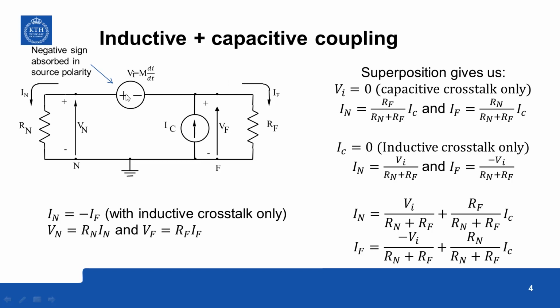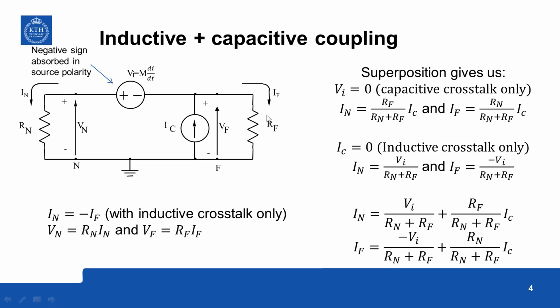Now note that we have reversed the polarity here to be consistent with this near end current over here. So the negative sign in front of this M is absorbed into the source polarity.